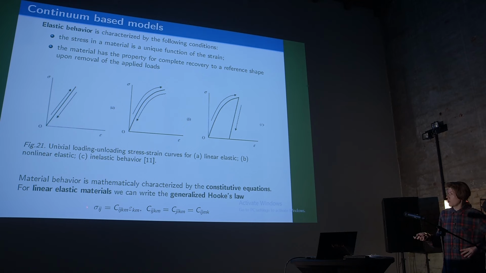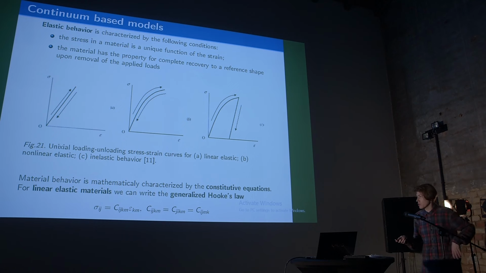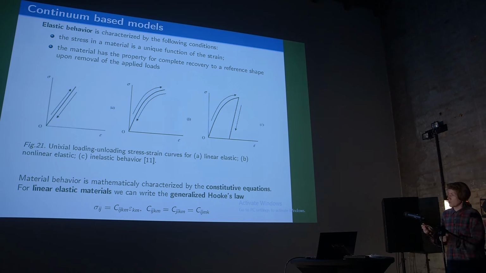So here we have, for example, 9 stresses, and they are related to 9 components of the deformation tensor, and these two are connected with material constants. If we use some kind of symmetry relations, we will have 36 different constants to obtain this law.